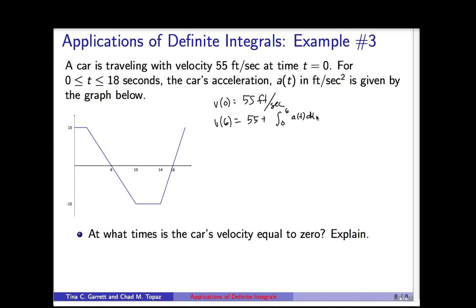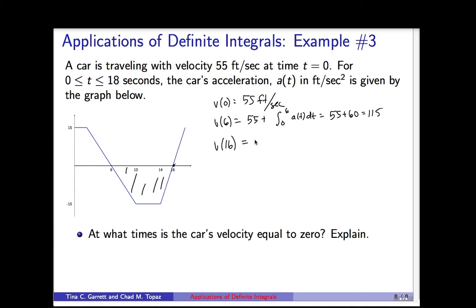So the total change in acceleration is total change in velocity. So that was 55 plus 60. And now think about, well, when could you have the lowest velocity? If this tells you you're decelerating, let's think about what the velocity at time 16 would be.